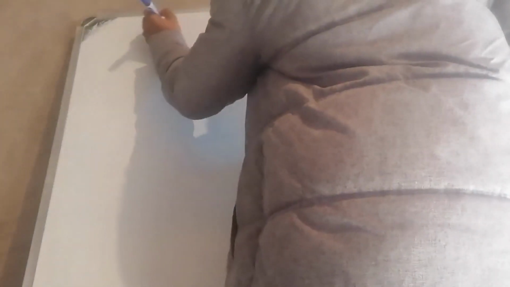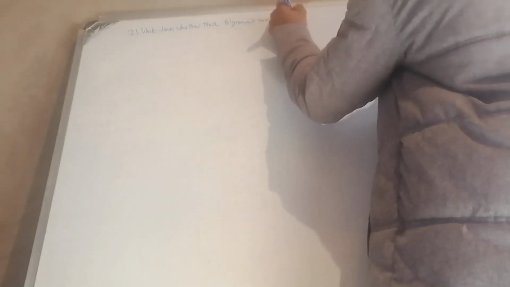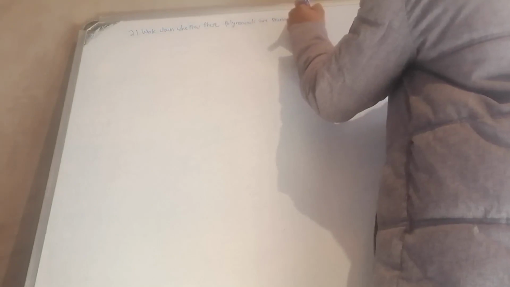Write down whether these polynomials are monomial, binomial, or trinomial. Number 2: write down whether these polynomials are monomial, binomial, or trinomial.